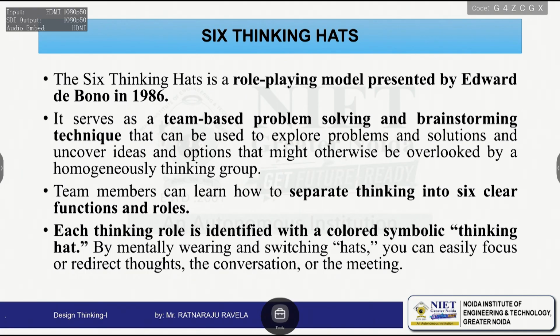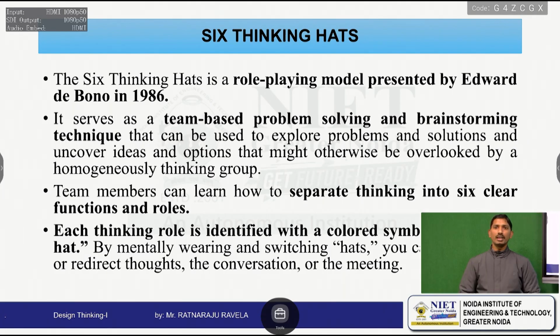Many times what happens is, if you don't see both the pros and cons of a problem, there is definitely a possibility that we will fail. To avoid that, what we are doing here is taking a team. In our team members we can learn how to separate thinking into six clear functions and roles.